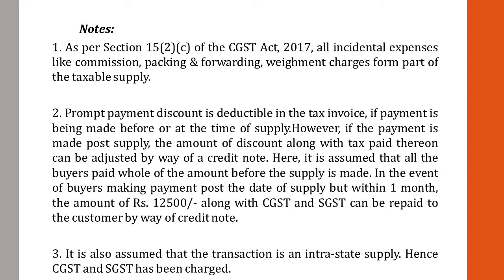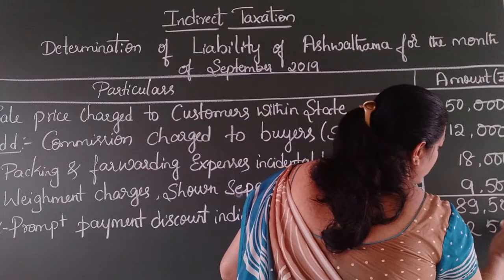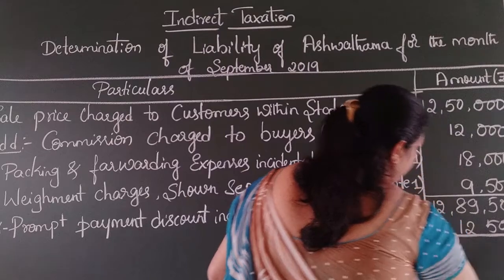In the event of buyers making the payment post the date of supply, but within 1 month, on the total sale price of 12,50,000, 1% we need to deduct. So 1% amount is 12,500 we need to deduct.